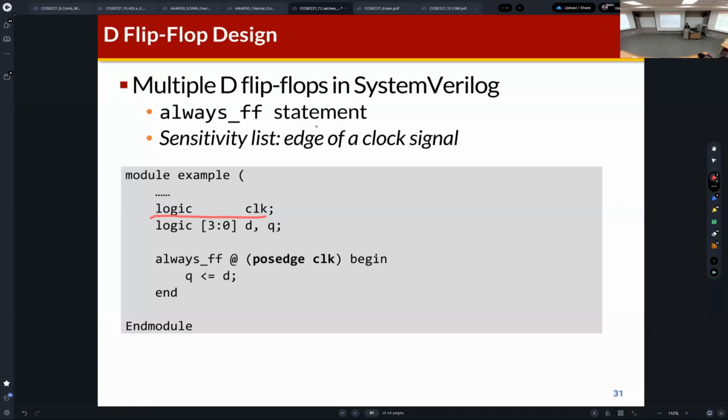Then it's very simple: Q is equal to D. It's like Q equals A and B, the bitwise AND. It means that each bit of D is connected to Q. So we can simply implement the multi-bit D flip-flop, which means a register for these multi-bit signals.